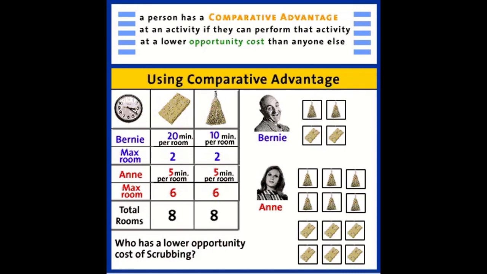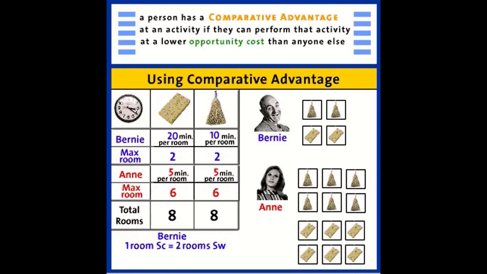We'll start by looking at the opportunity costs of our 2 players and look at who has a lower opportunity cost for providing the service of scrubbing. Let's start with Bernie. If Bernie scrubs a room, it takes him 20 minutes. Now, since it only takes him 10 minutes to sweep a room, Bernie's opportunity cost for scrubbing 1 room is 2 rooms worth of sweeping that he's not doing.